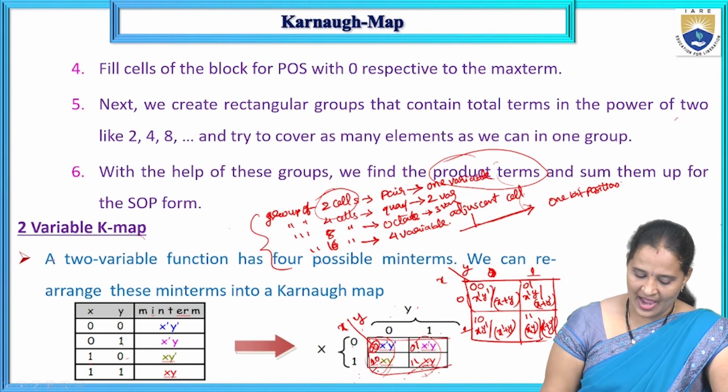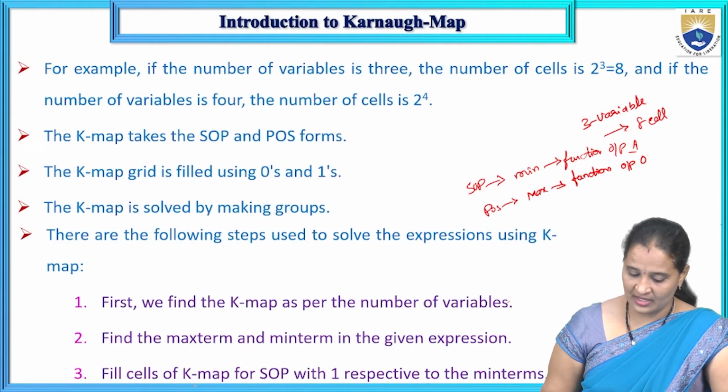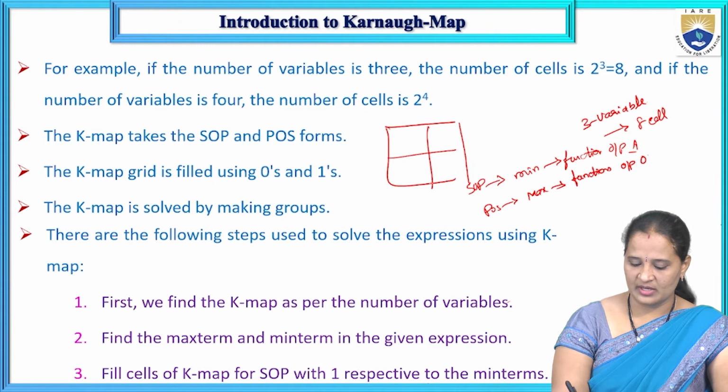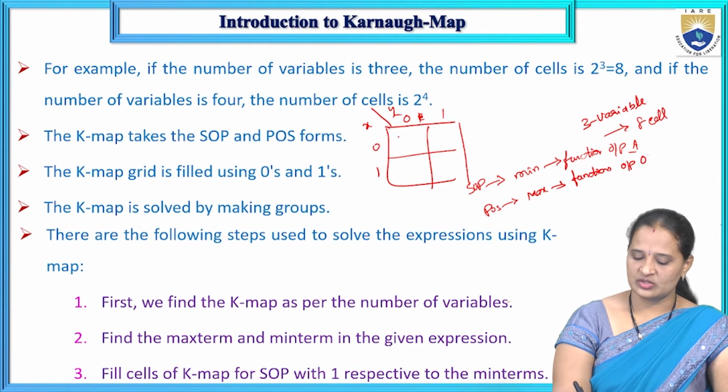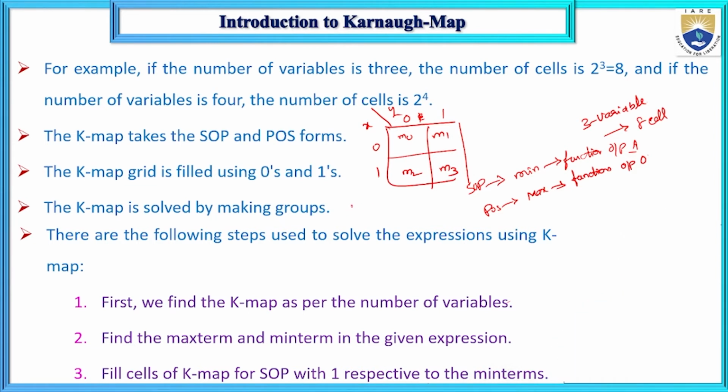So here, as I told you, the min terms are represented with M0, M1, M2, M3, right? So now let us consider, this is my 2 variable K map, x, y, 0, 1, 0, 1. So this is M0, M1, M2, M3, right? So what are the possible groups of pairs that I can form here?